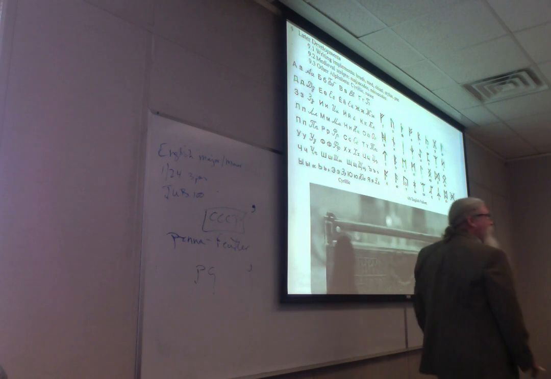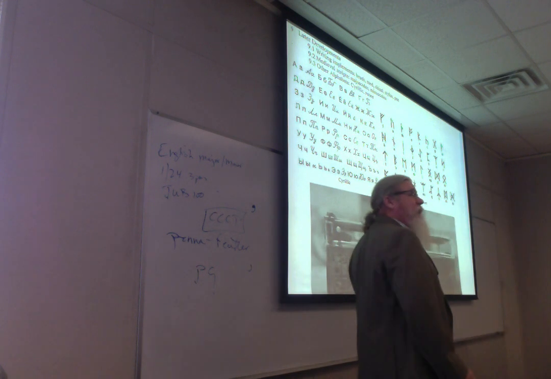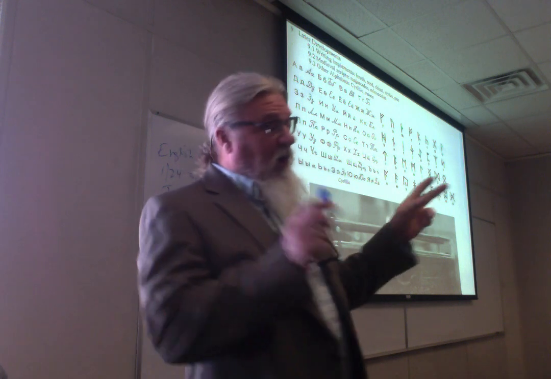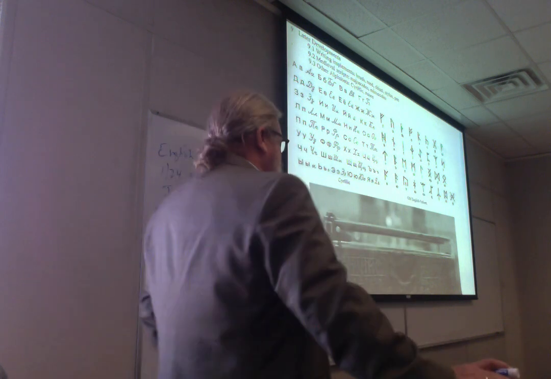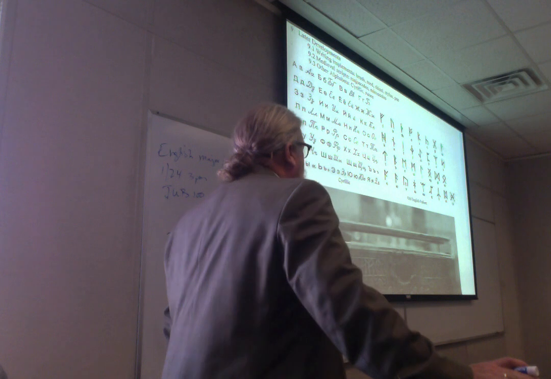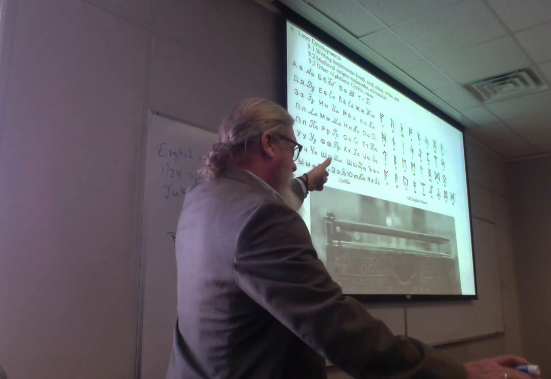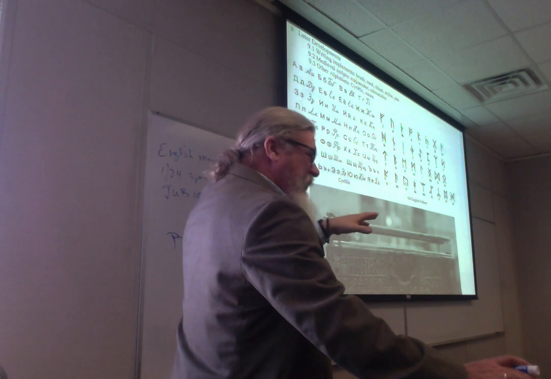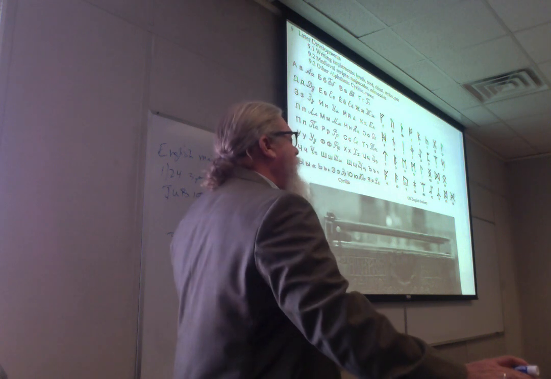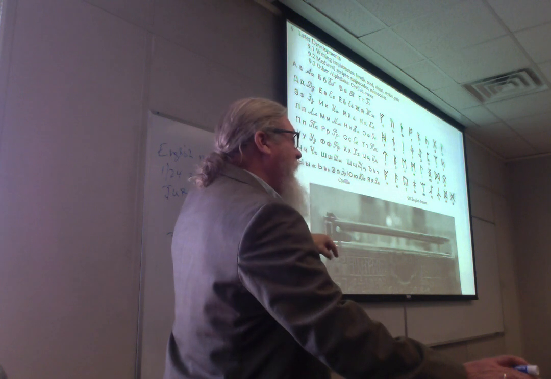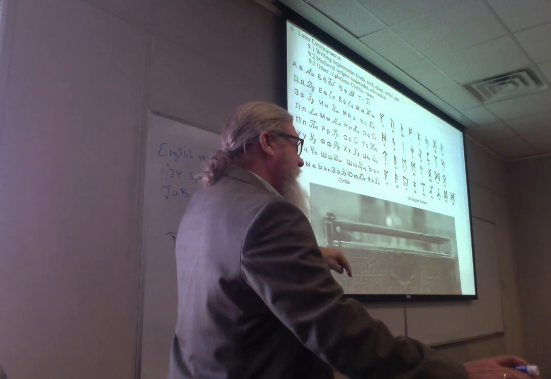The Old English Futhorc runes. Most scholars of runes think that ultimately the runic alphabet, and Old English is one runic alphabet, another one is the Germanic, it's a little bit different but not much, derives probably, like the Roman alphabet, from Etruscan.